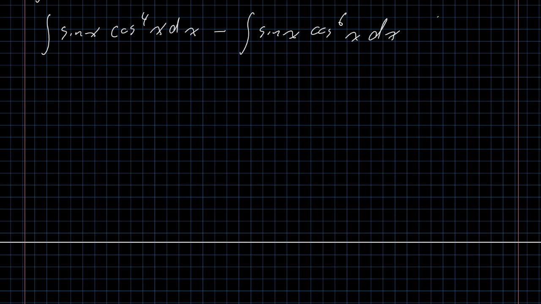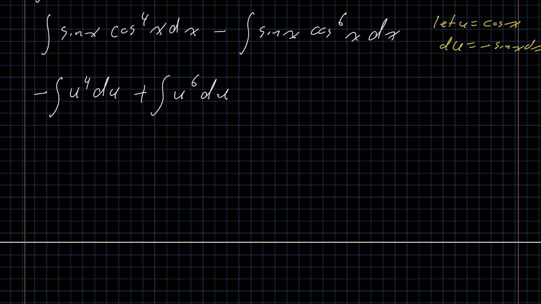As I suggested before, I'm going to let u equal the cosine of x, which means that du is going to be the negative of sine x dx, and I'll use the same substitution in both integrals. So I'm going to end up with the negative of the integral of u to the fourth du, and then the negative of minus is plus the integral of u to the sixth du.